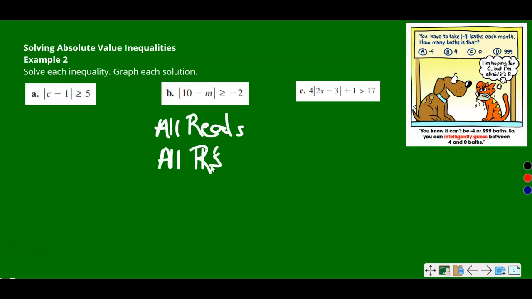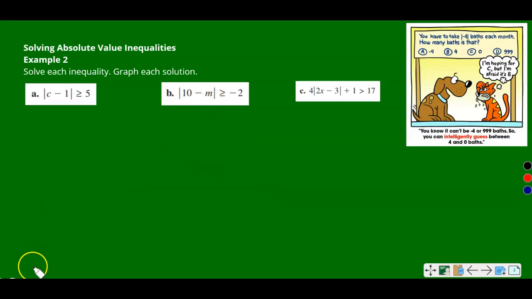If you wanted to graph all real solutions on a number line, you would just highlight the entire number line, because any number you choose to plug into the left side will make a true statement, which means every number is a solution.